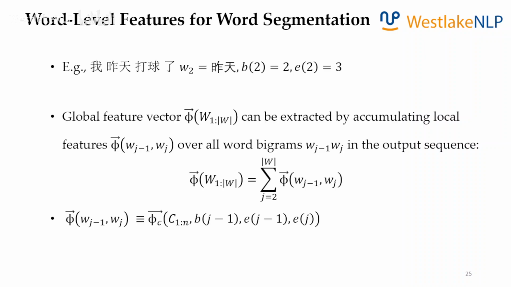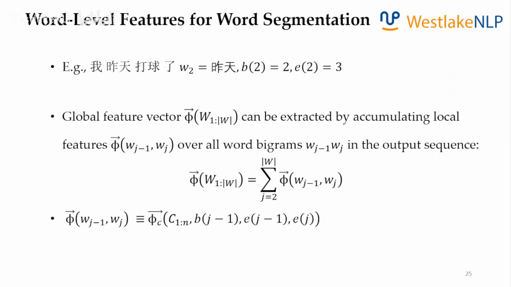And further, for the convenience of notation, let us also swap between 2 equivalent representations. One is phi w, word bigram. One is phi c, character notations. So this phi c uses character notations to denote the same feature, okay?